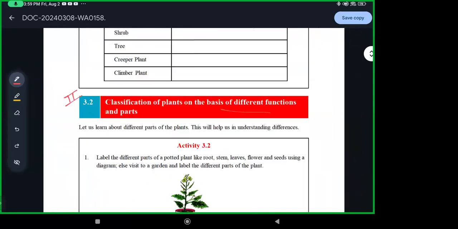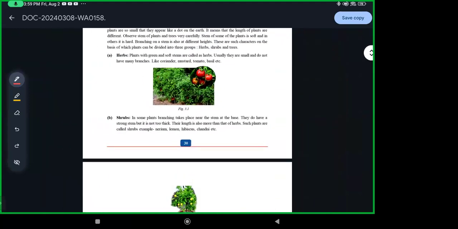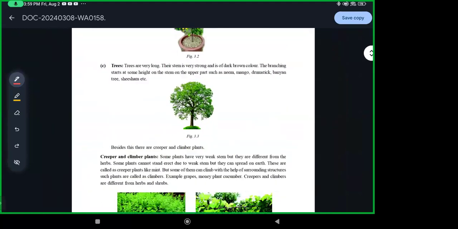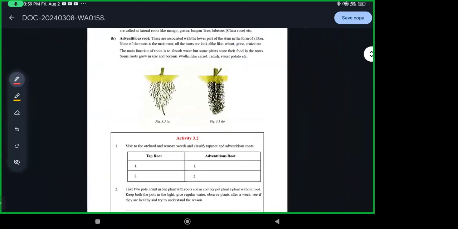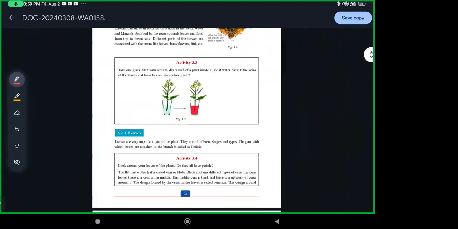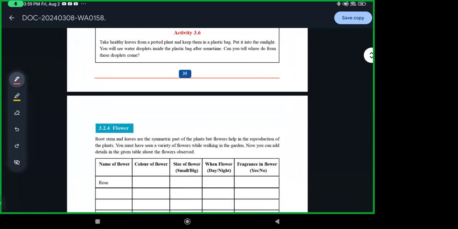Then for the first classification, you have to explain that there are herbs, shrubs, trees. Then for the second part, you have to explain there is root, stem, leaves, and flower. That is on their parts and their functions. First on the basis of height and their size, second on the basis of their parts and their functions. So these were the two classifications and their explanation.